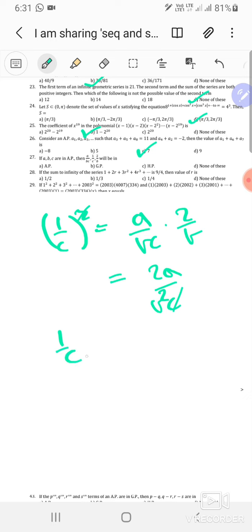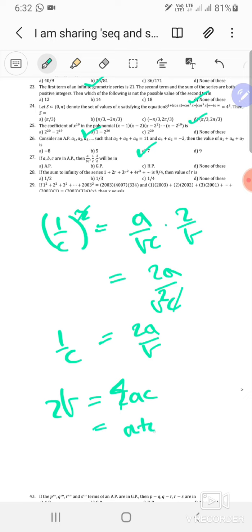That will give me 1 by C is equal to 2A upon B. So B equals 2 times AC, which tells me 2B equals 4AC. So that's also equal to A plus C because these are in AP. So 4AC equals A plus C, not always true. So these are also not in a GP.